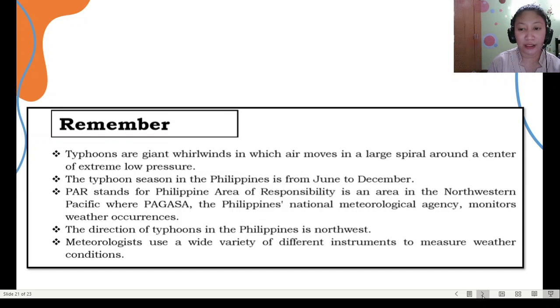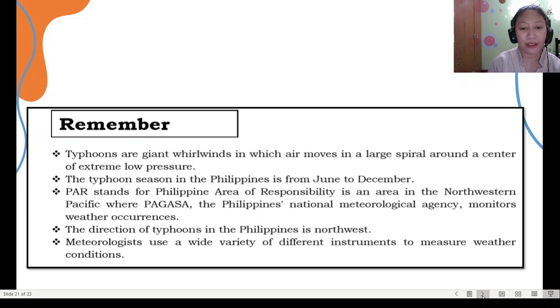This is an area in the northwestern Pacific where PAG-ASA or the Philippines National Meteorological Agency monitors weather occurrences. Again, PAG-ASA stands for Philippine Atmospheric, Geophysical, Astronomical Services Administration. Then, the direction of typhoons in the Philippines is northwest.